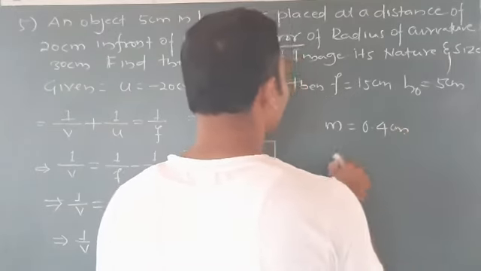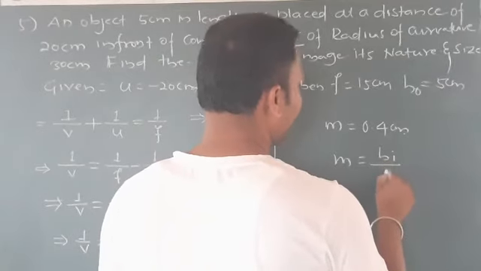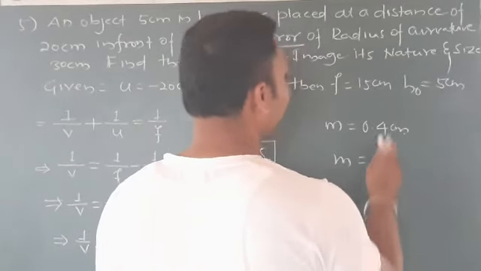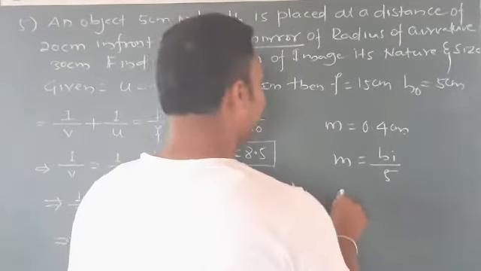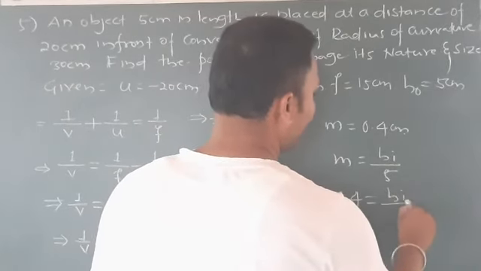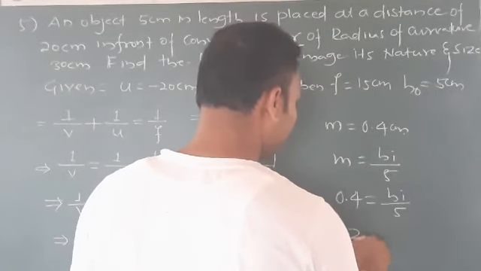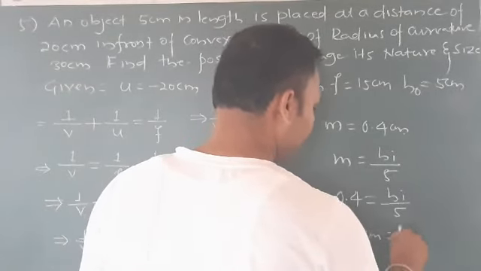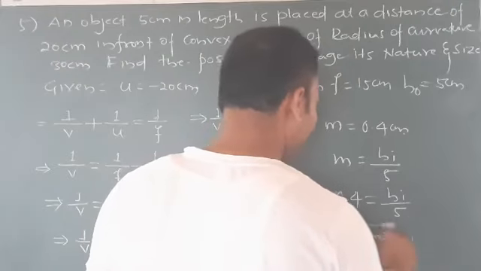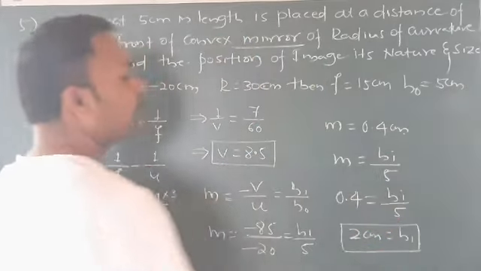Okay, now again we have m is equal to, we know that very well, it is HI by 5, but m is equal to this, now it is 0.4 equals HI by 5, now 5 into 4, okay, this is 20. So 2 centimeter. So the height of the image, size of the image is 2 centimeter.